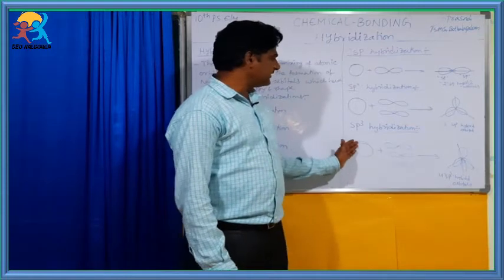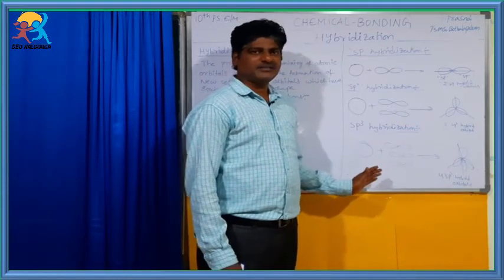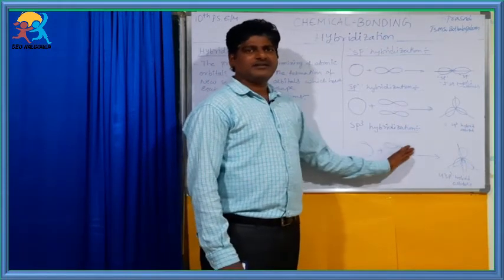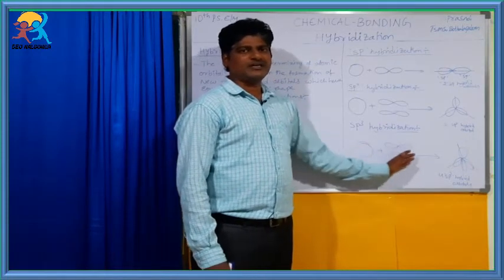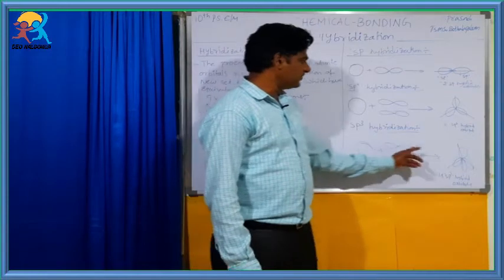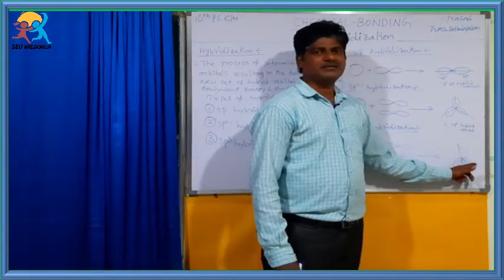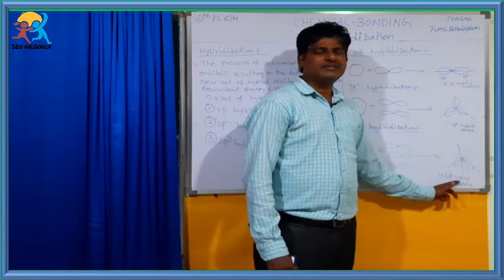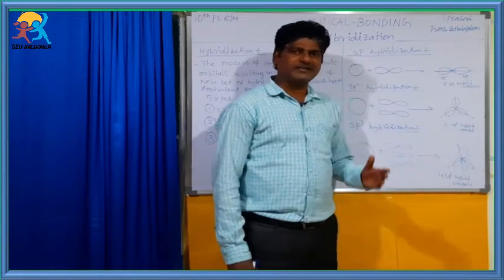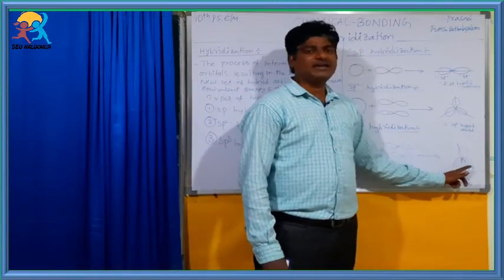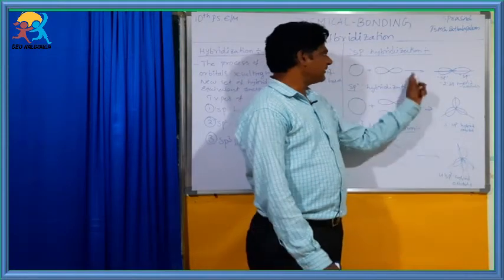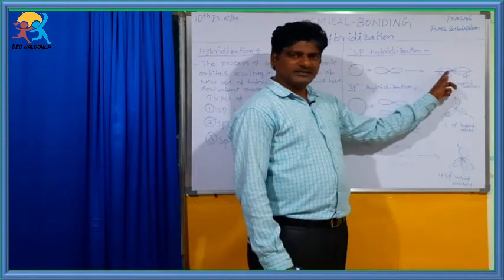Next, sp3 hybridization means if one s orbital intermixes with three p orbitals, these four orbitals intermix and form four new orbitals called sp3 hybrid orbitals, which have equal energy and shape. They are arranged in space in a tetrahedral manner. So sp hybrid orbitals are arranged in a linear shape.